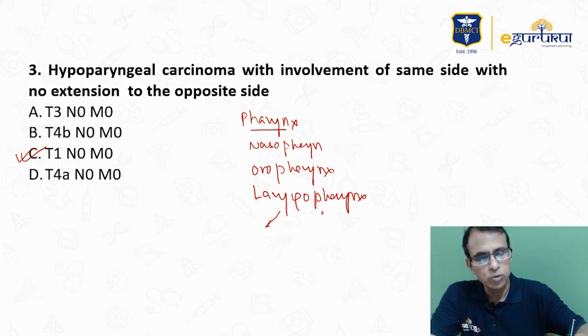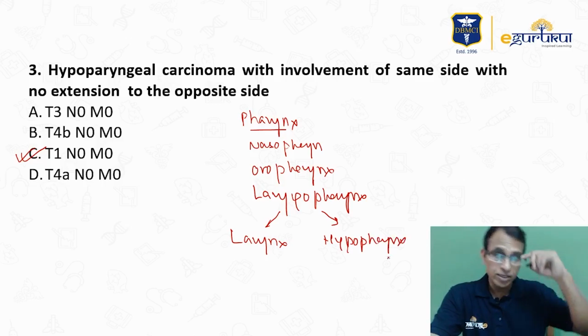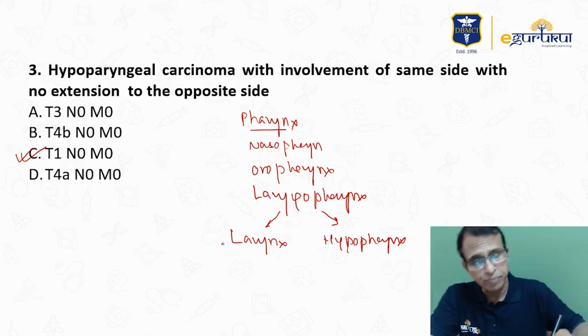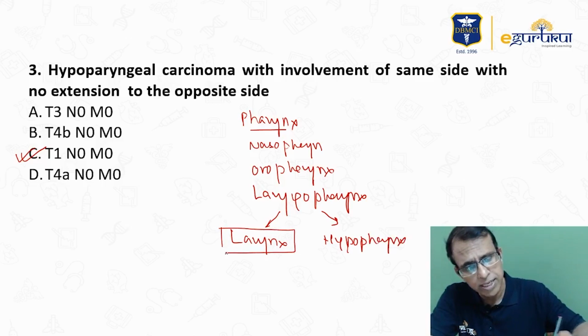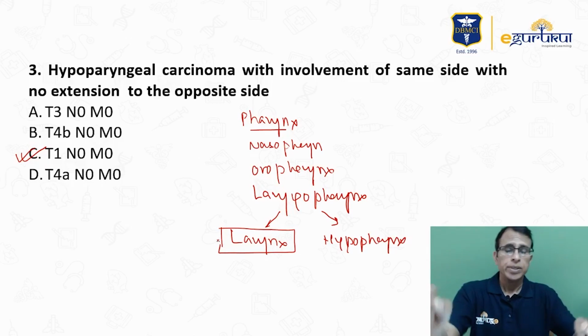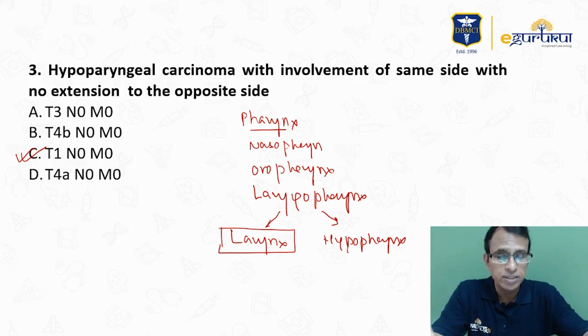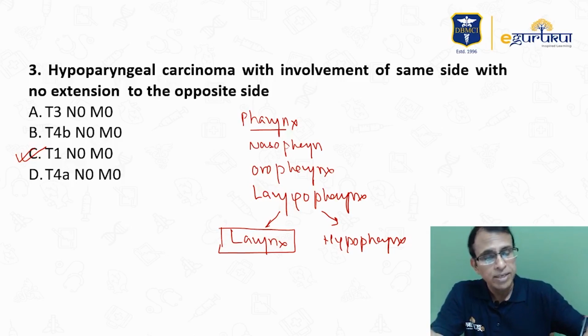Laryngopharynx is further divided into two parts: larynx and hypopharynx. Now larynx is very important. We all know a lot of things in the larynx. It's a very important topic, with a lot of questions in anatomy and disease. So everybody studies it. But hypopharynx is very uncommon.